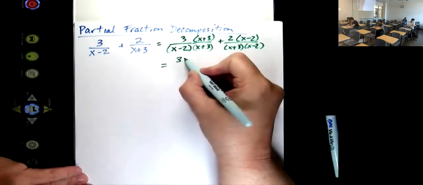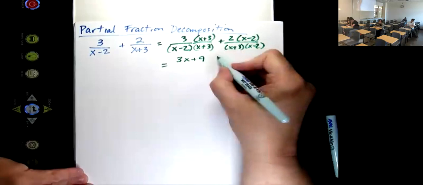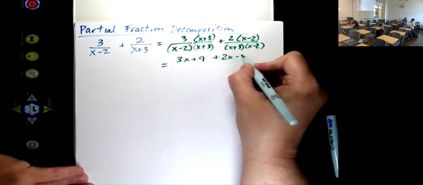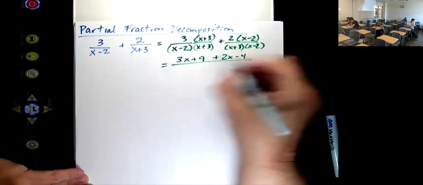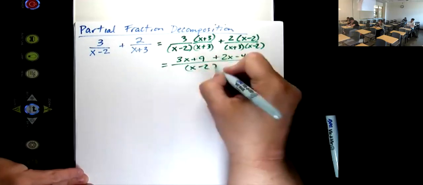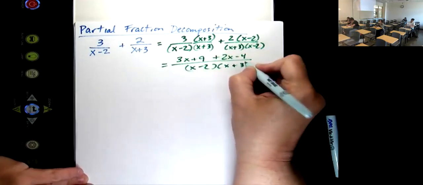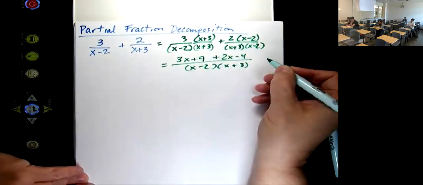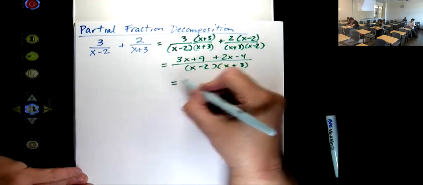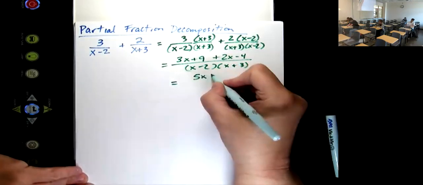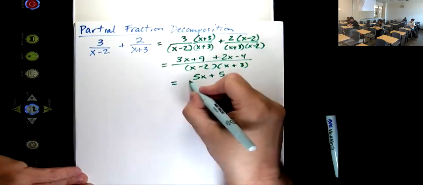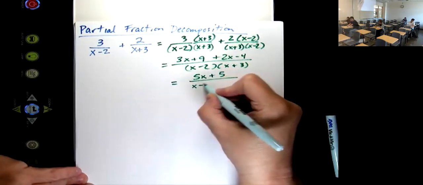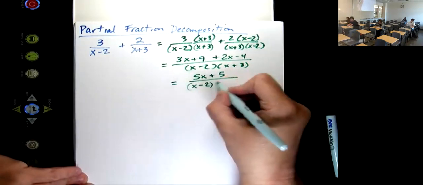I get 3x plus 9 plus 2x minus 4 over that denominator. And I put it together and I get 5x plus 5 over x minus 2, x plus 3.